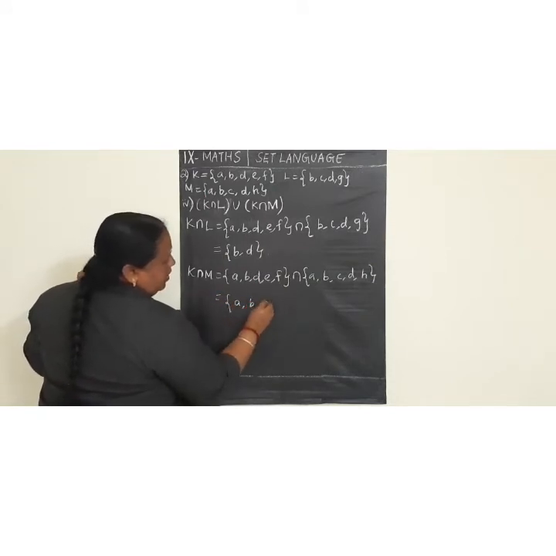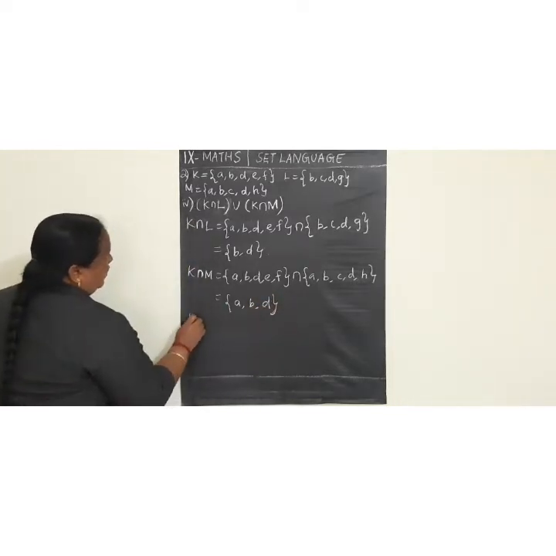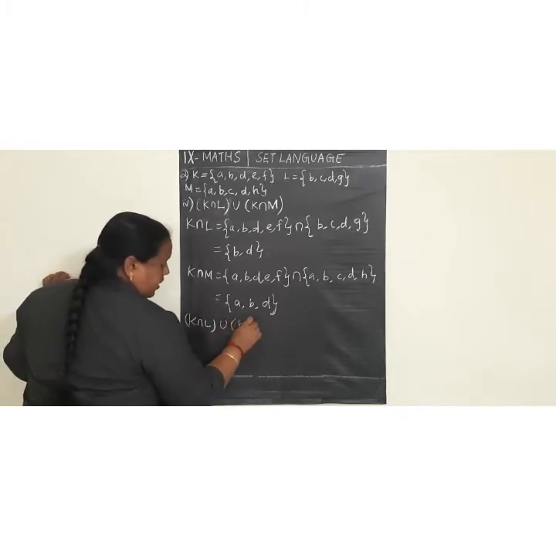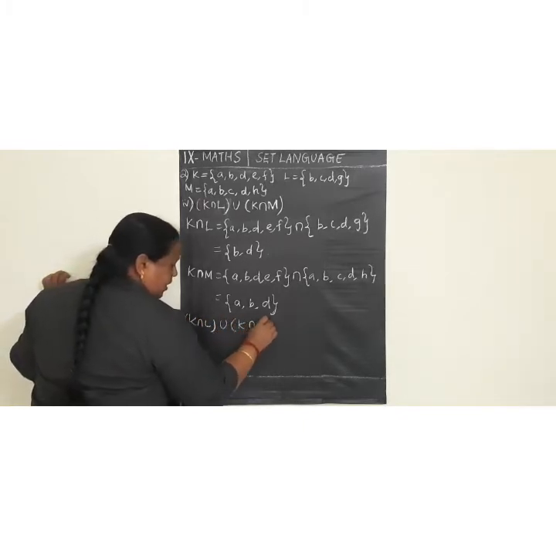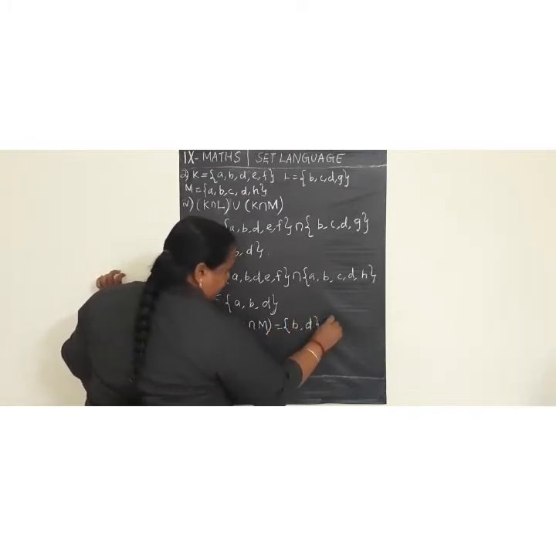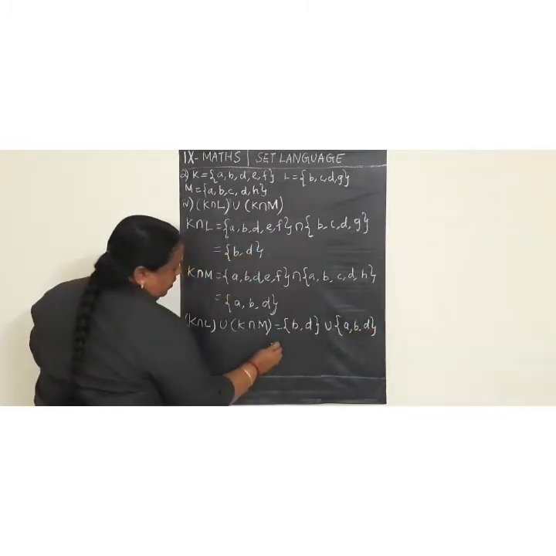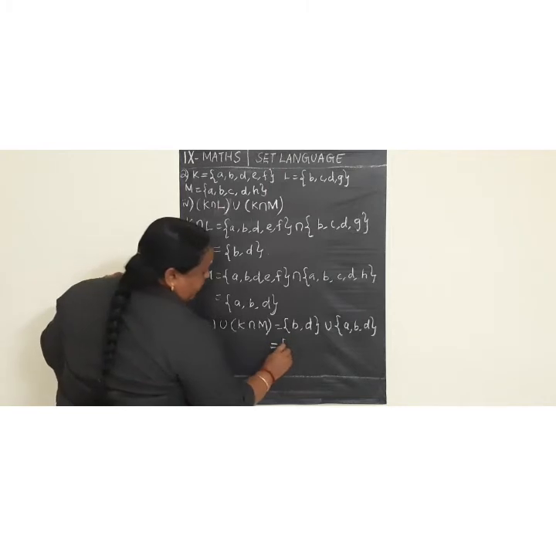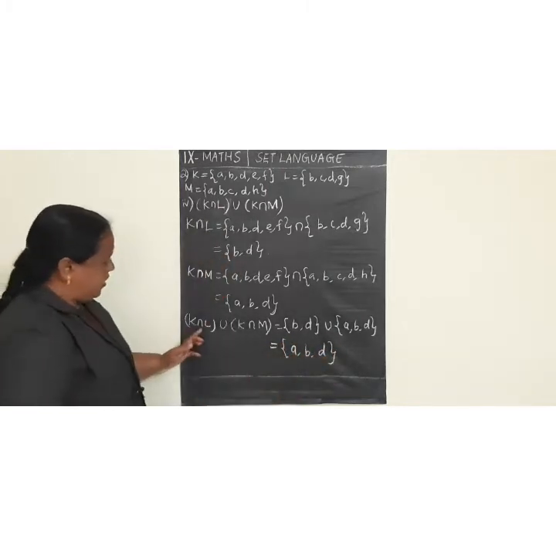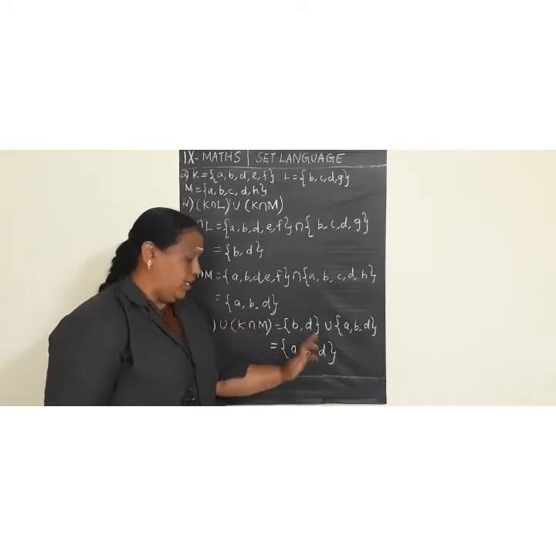A, B, D. Next we have to find K intersection L union K intersection M, which is equal to {B, D} union {A, B, D}. Union means we have to combine and write it. So K intersection L union K intersection M is equal to A, B, D.